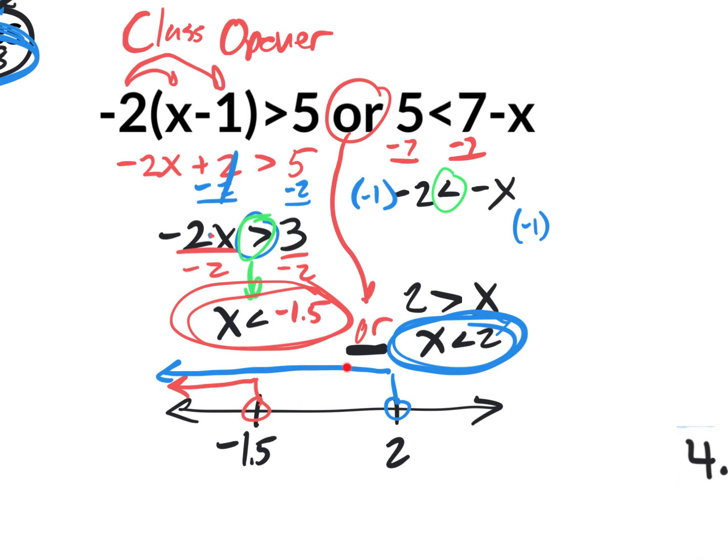Yes, there's a blue, right? And or does not mean both. And means both, or just means one or the other. Make sense? So what is my answer going to be? It's going to be from 2 to the left. So x is less than 2 is my only answer. That's the only answer that you type in for full credit.